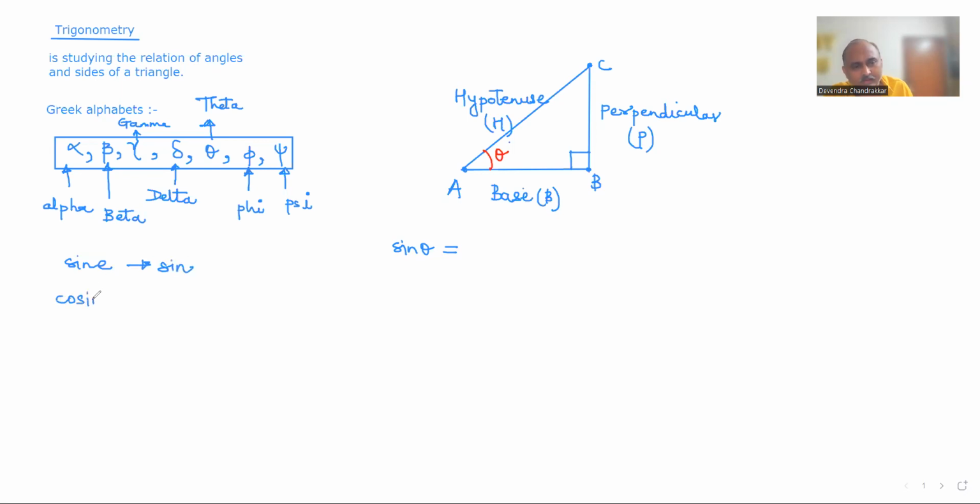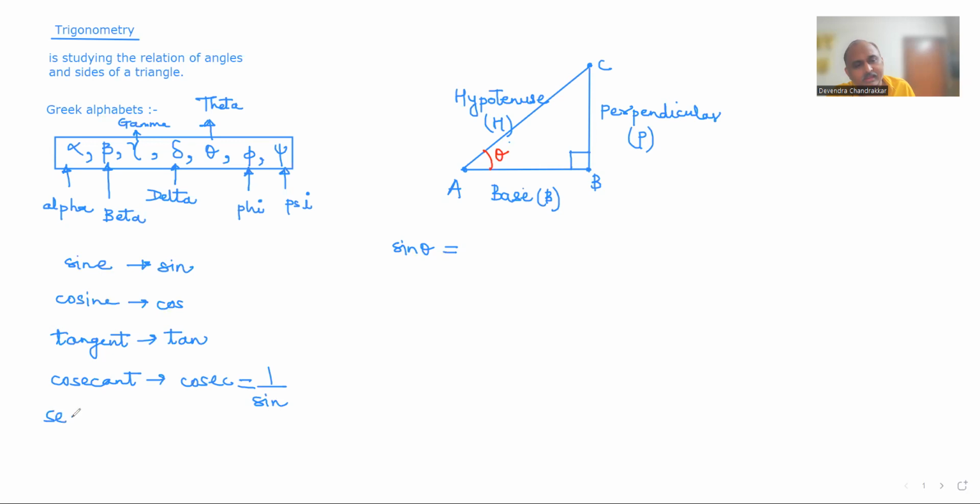This is cosine, in short cos. Then there is tangent, in short tan. Then there is cosecant. We call it cosec, and this cosec is 1 upon sine only.